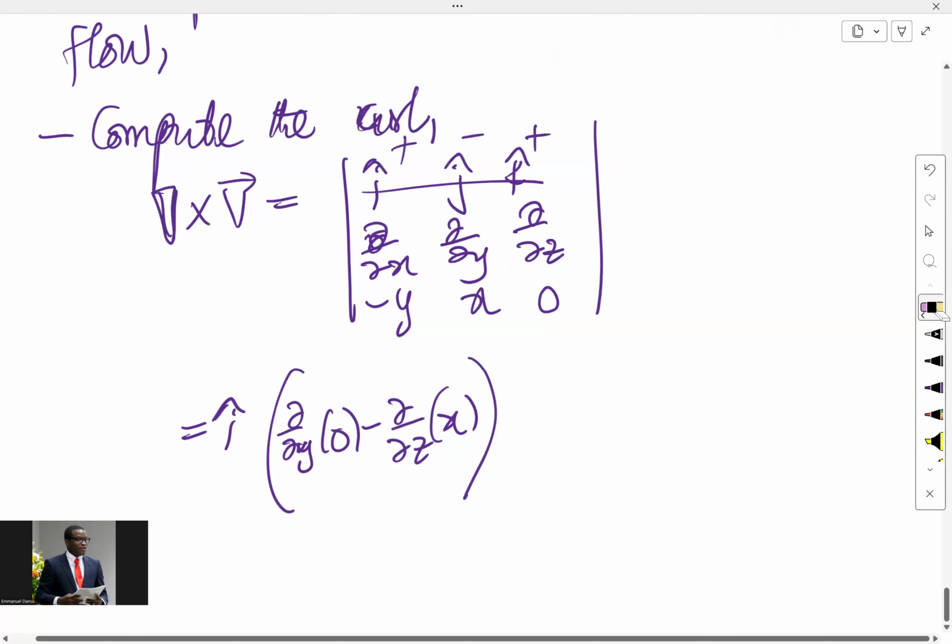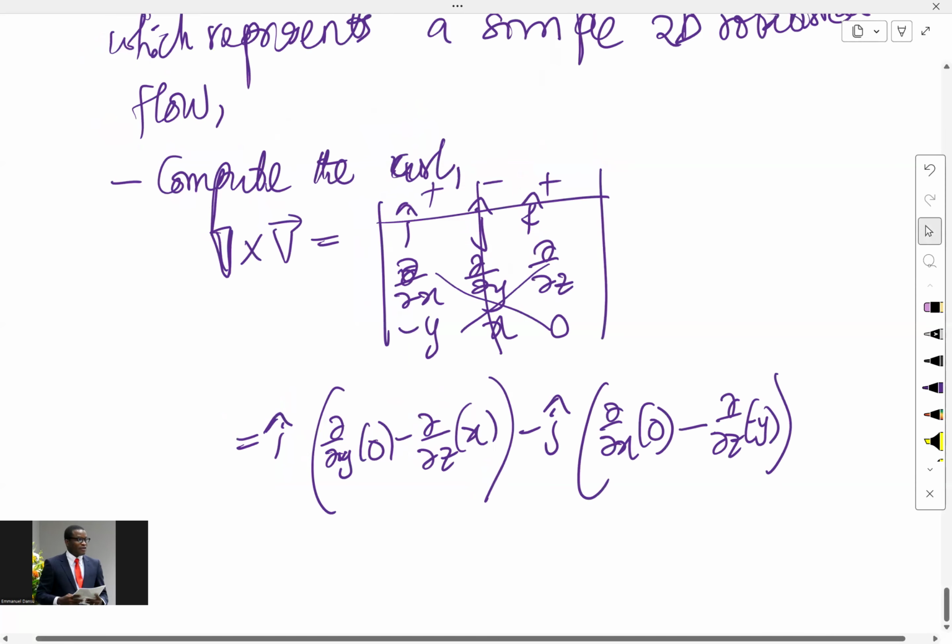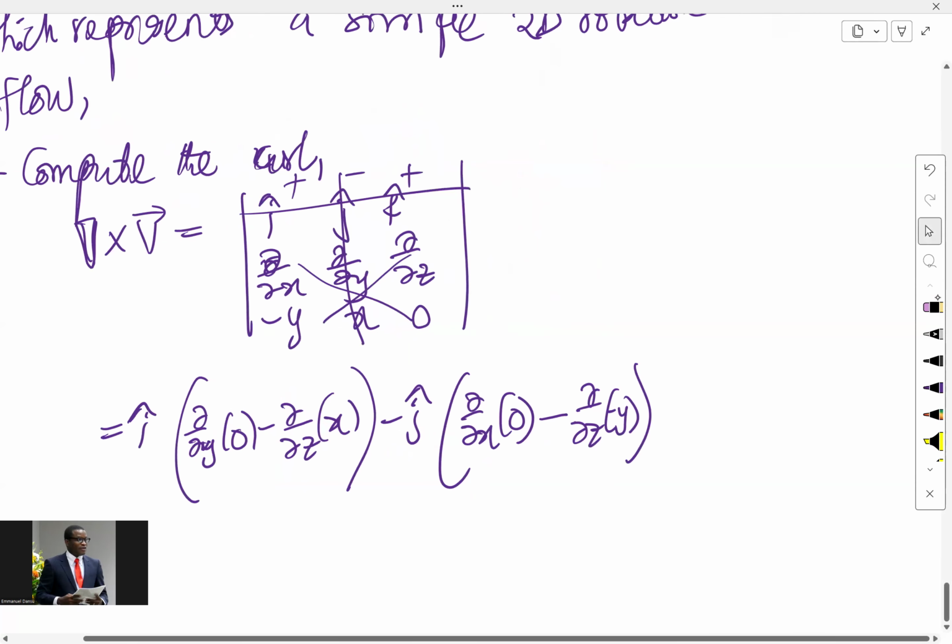Then we have minus j, so cross the column, cross the row. So we have d/dx of 0 minus d/dz of minus y. And then we can move to k.